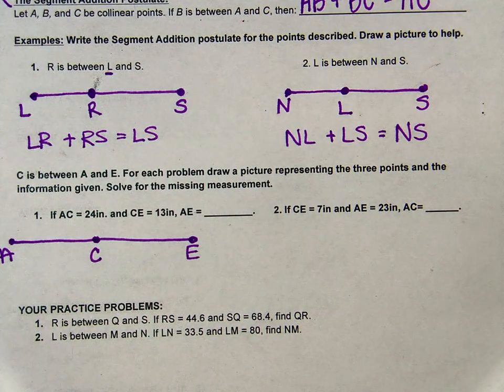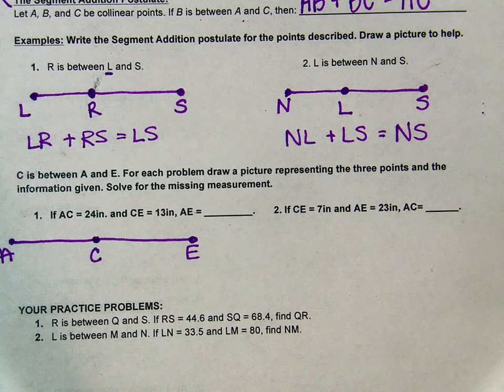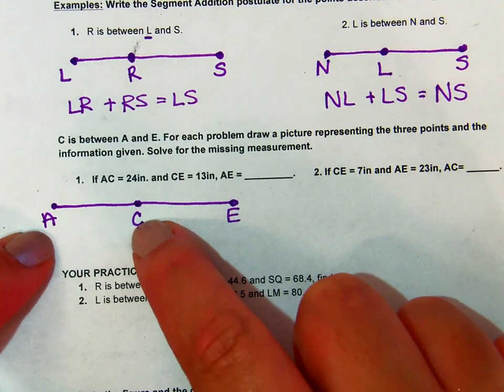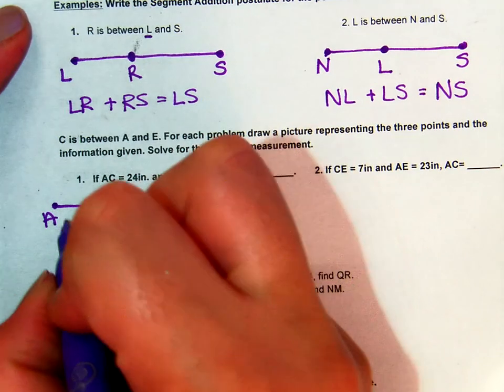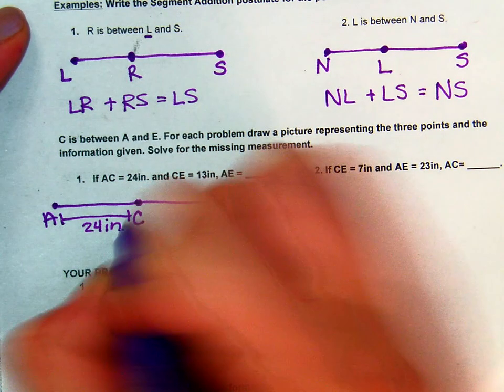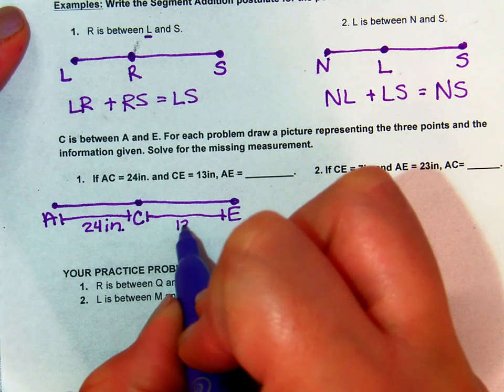Number 1. This problem is saying AC, so from this point to this point, is 24 inches. And from C to E is 13 inches.